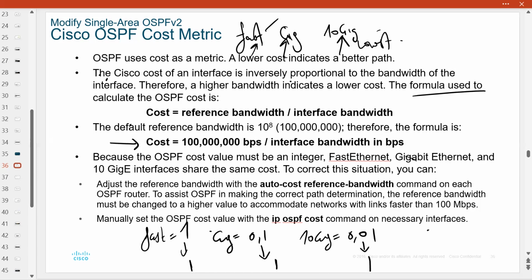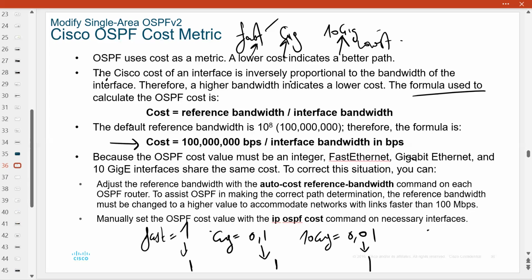And that's a problem, because the cost of every interface is equal to 1. By default, the cost of every interface is equal to 1. And that needs to be changed to manipulate the calculation of the cost.